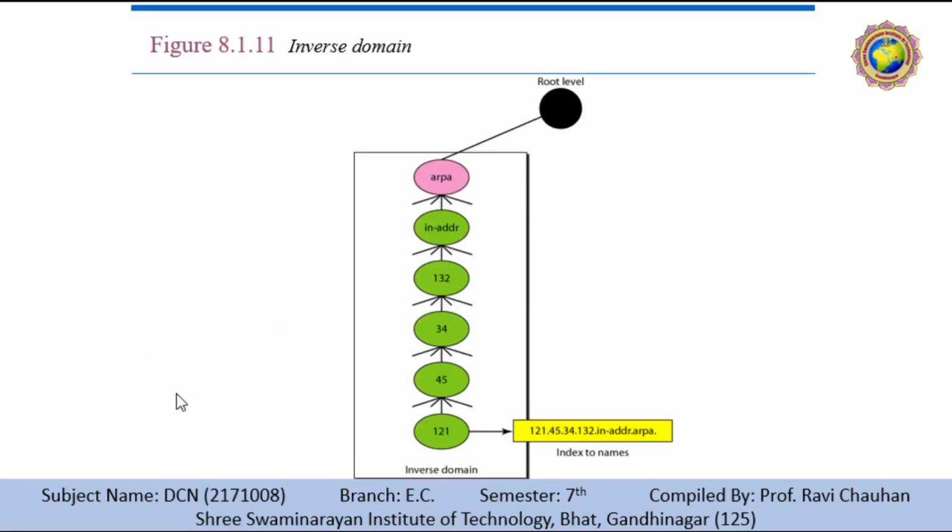Last is the inverse domain. The inverse domain is used to map an address to a name. This may happen, for example, when a server has received a request from a client to do a task. Although the server has a file that contains a list of authorized clients, only the IP address of the client is listed.